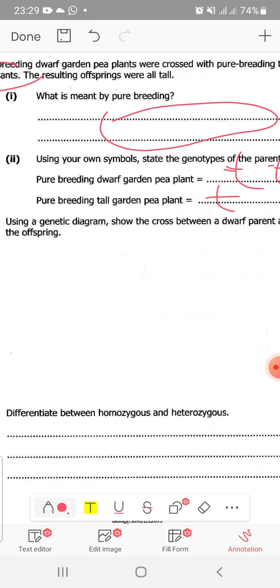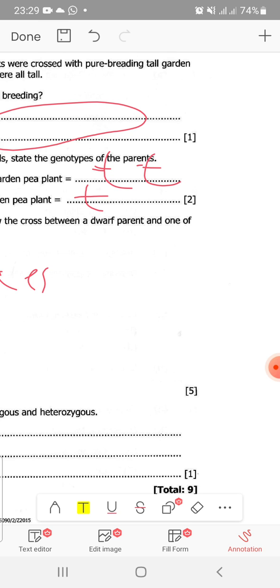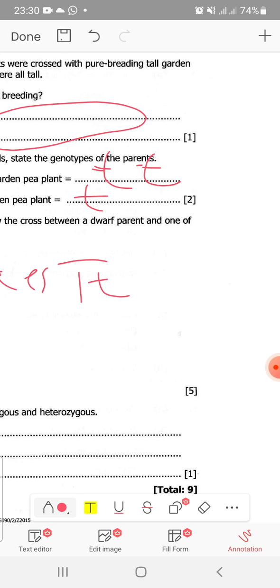Don't forget to write the phenotype of the parents, the genotype of the parents, then the gametes. Here we are talking about the genetic constitution of the parents. One of the offspring, which we discovered from the previous diagram, is capital T and small t. We are crossing it with the dwarf parent plant, and we know the dwarf parent plant will look like that.